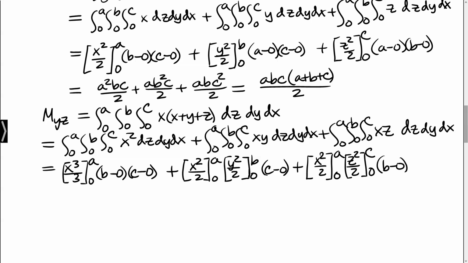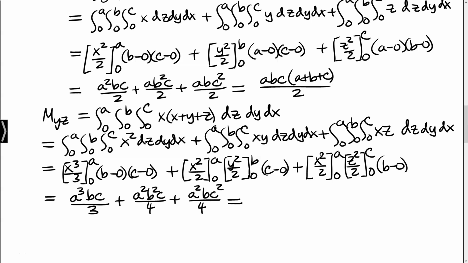Okay, so let's see. So what's going to happen is, for this first one, we're going to get a cubed bc all over 3 plus, then we're going to get a squared b squared c all over 4 plus a squared b c squared all over 4.